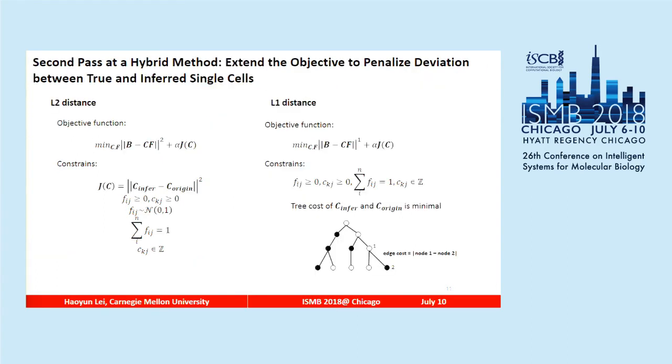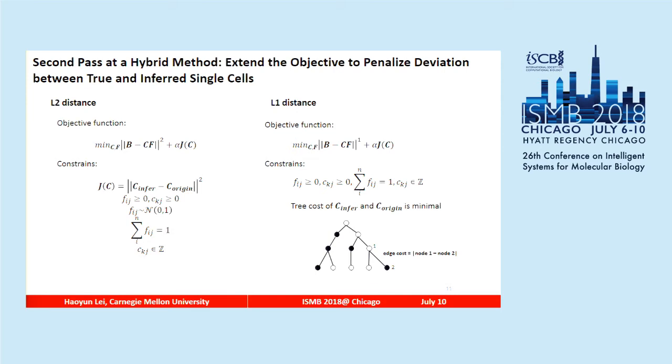Although using some real single-cell data as the initialization can work much better, there's still room to increase the accuracy. We found a way to modify the objective function by adding some auxiliary penalty. The assumption is that the cell component we want to infer should be very similar to the cell component we use to simulate the tumor.